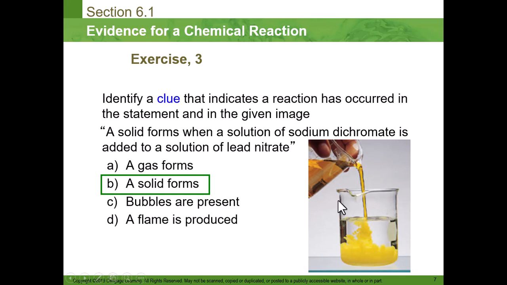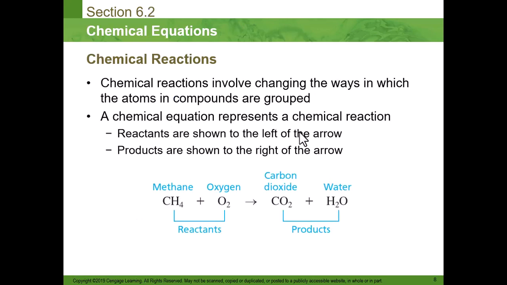Again, it is very important that we stress that sodium dichromate should be added inside of lead nitrate. We will investigate whether the opposite is true, that is, can we add lead nitrate inside of sodium dichromate, the reverse, and whether this will cause any problems, but we will deal with that some other time as well. So that is fine.